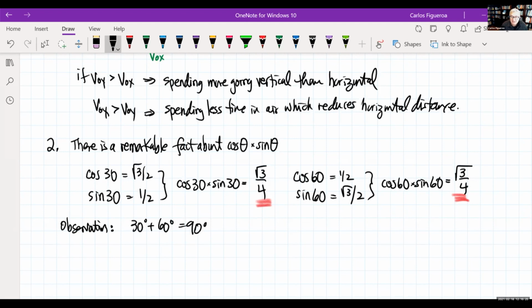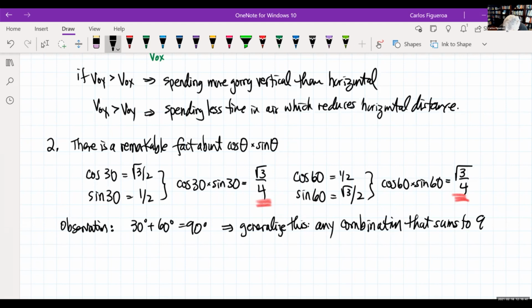So if I generalize this thing, it says this: any combination that sums to 90 will always give you the same number.